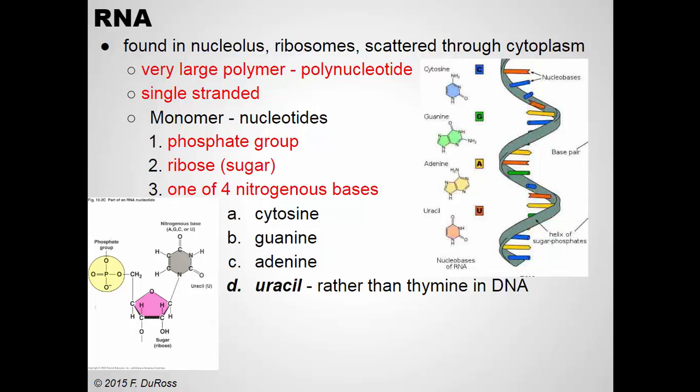What was the sugar found in DNA? What does the D stand for? Deoxyribose. In RNA, it's just ribose. It's ribonucleic acid. And RNA is important. It helps produce proteins. We'll talk a lot about that in the next couple slides, but not today.